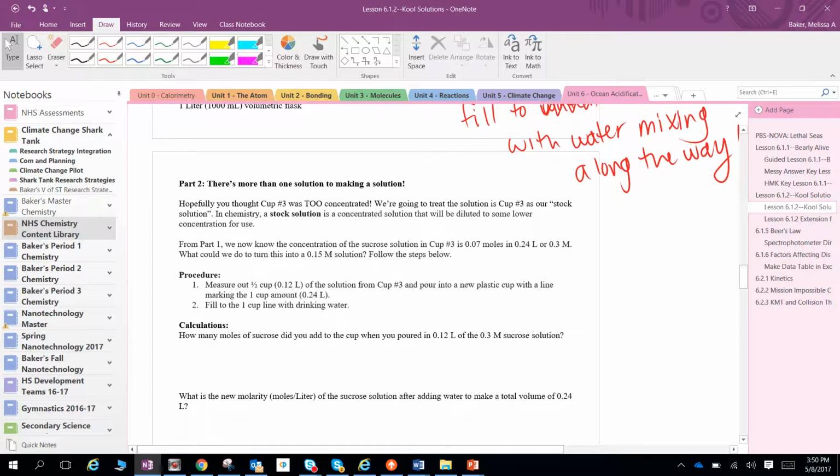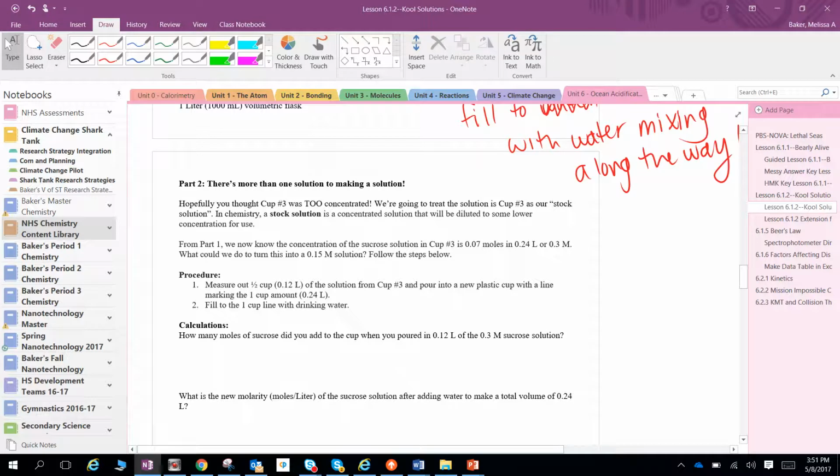That's not the only way to make a solution though. So cup number 3 was way too sugary, so we called that our stock solution. That's the name that chemists use for a concentrated solution that they're going to use. Basically, they dilute it to a lower concentration.